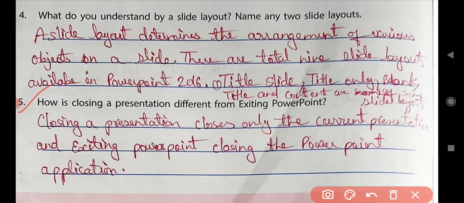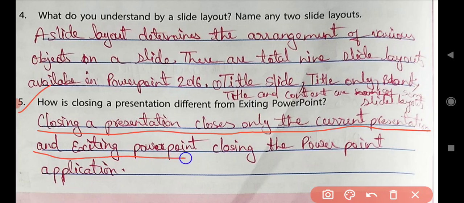Closing a presentation closes only the current presentation, unlike exiting PowerPoint, which means closing the PowerPoint application. I repeat again, closing a presentation closes only the current presentation, and exiting PowerPoint closes the PowerPoint application. So this is the difference between closing a presentation and exiting PowerPoint.